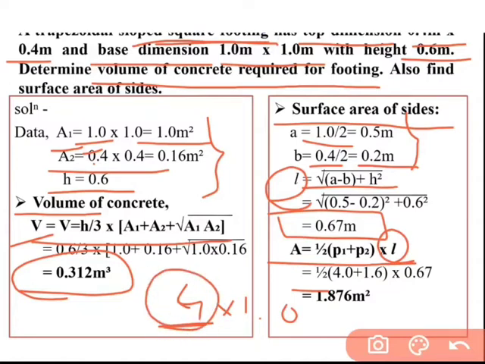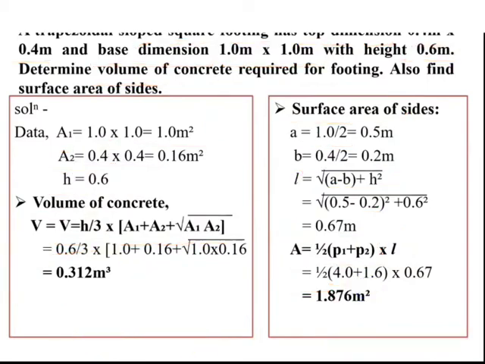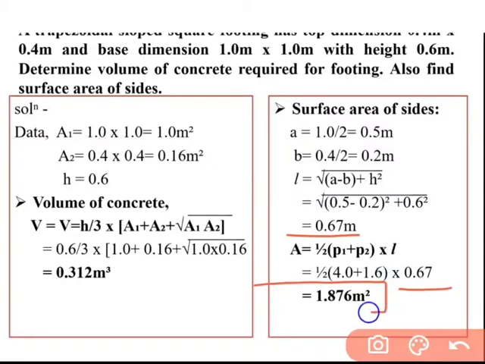So P1 is 4, plus P2, that is 4 multiply 0.4, that is 1.6, and slant height is equal to 0.67. So the answer of surface area A is equal to 1.87 meters square.